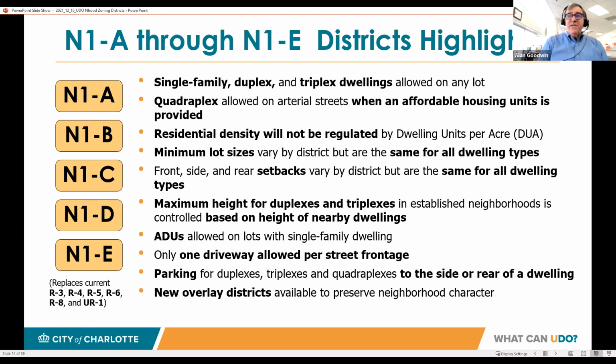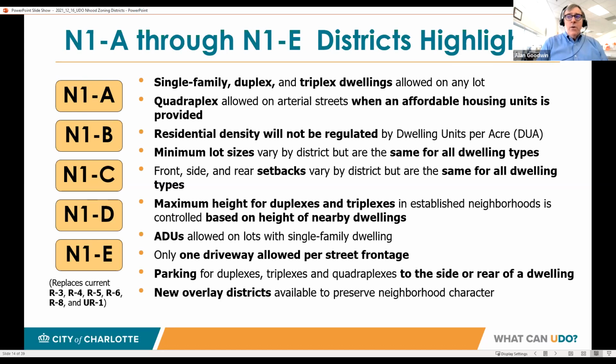We have a maximum height requirement for duplexes and triplexes in established neighborhoods, and that's based on the height of nearby dwellings. We are allowing ADUs, accessory dwelling units, on all lots that have a single family dwelling on it.